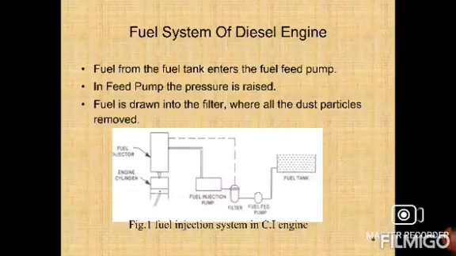What are the main parts of the fuel system? You can observe here: first is the fuel tank, second is the fuel feed pump, third is the filter, fourth is the injection pump, fifth is the injector. These elements are used for supplying fuel from the tank to the diesel engine cylinder.